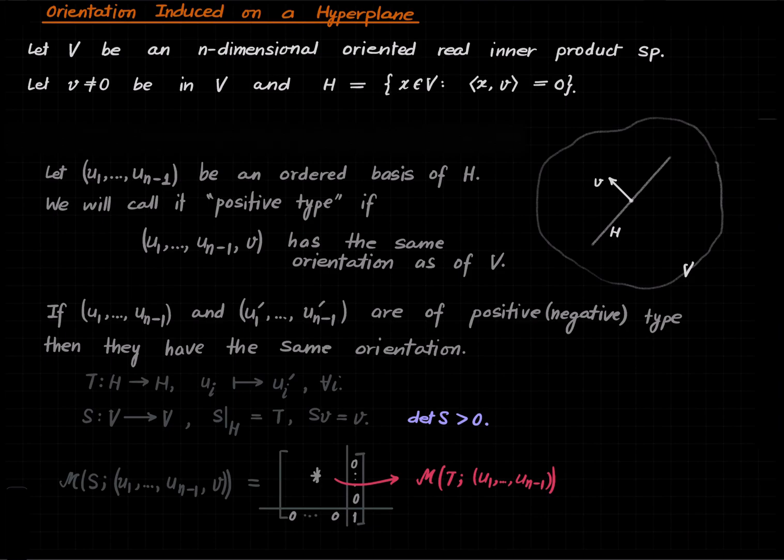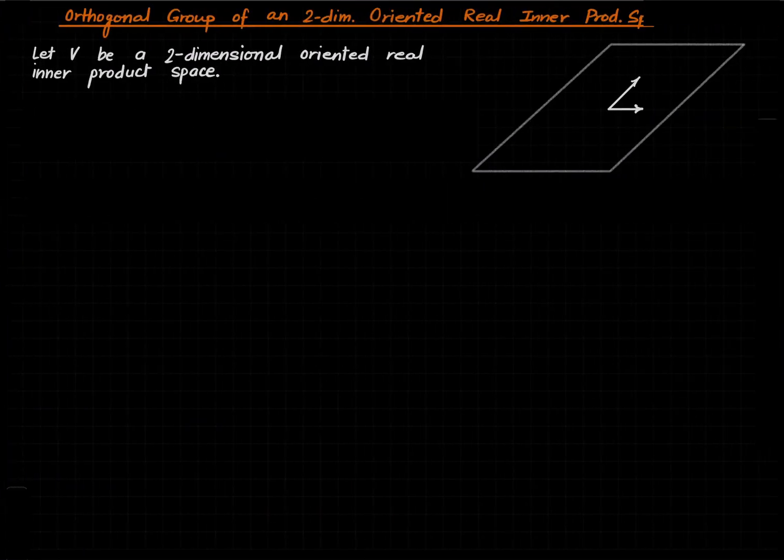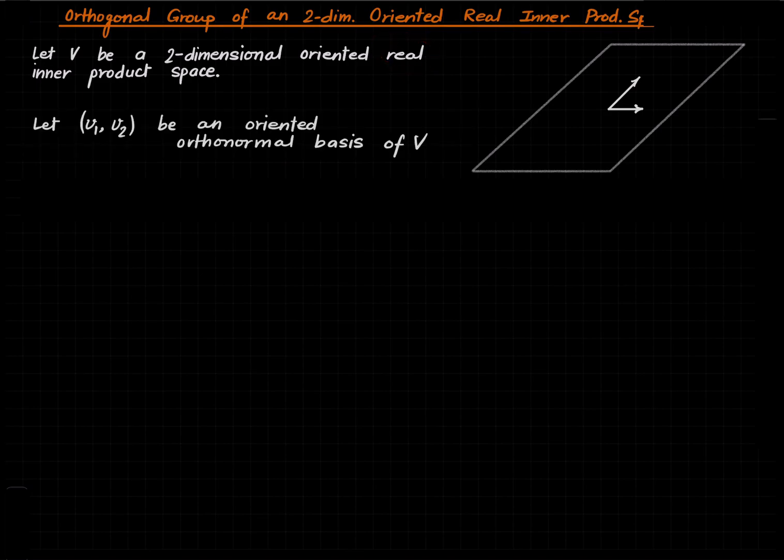All right, so now we can come to the main point of our discussion, which I want to finish very quickly. Suppose we have a two-dimensional real inner product space V, and suppose we pick an oriented orthonormal basis of V. So the inner product space that we started with was oriented to begin with, and we pick an orthonormal basis which agrees with the chosen orientation.